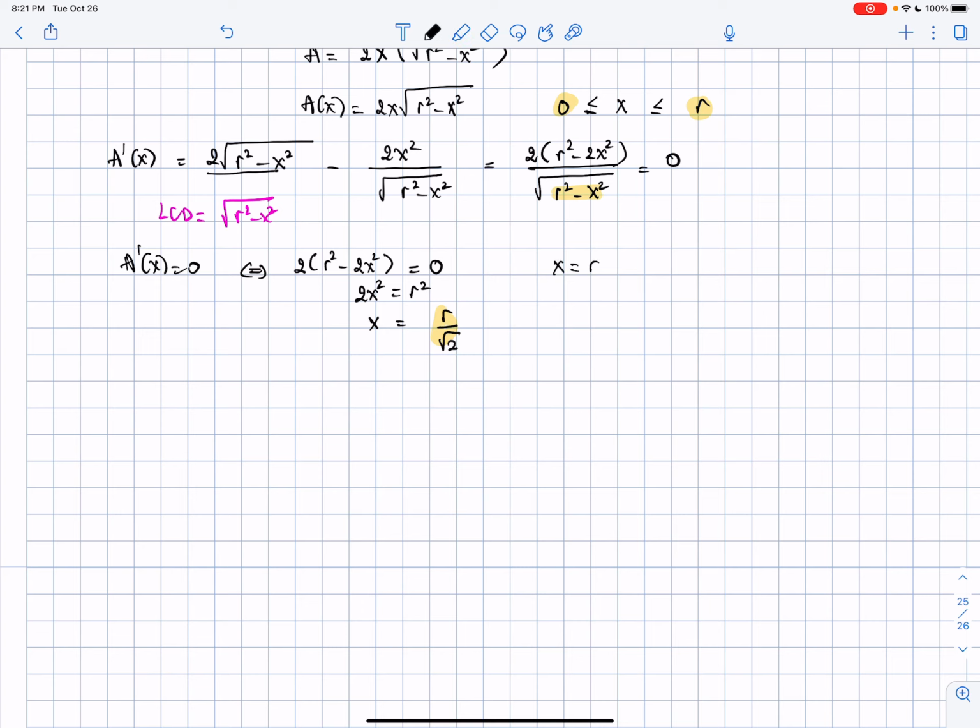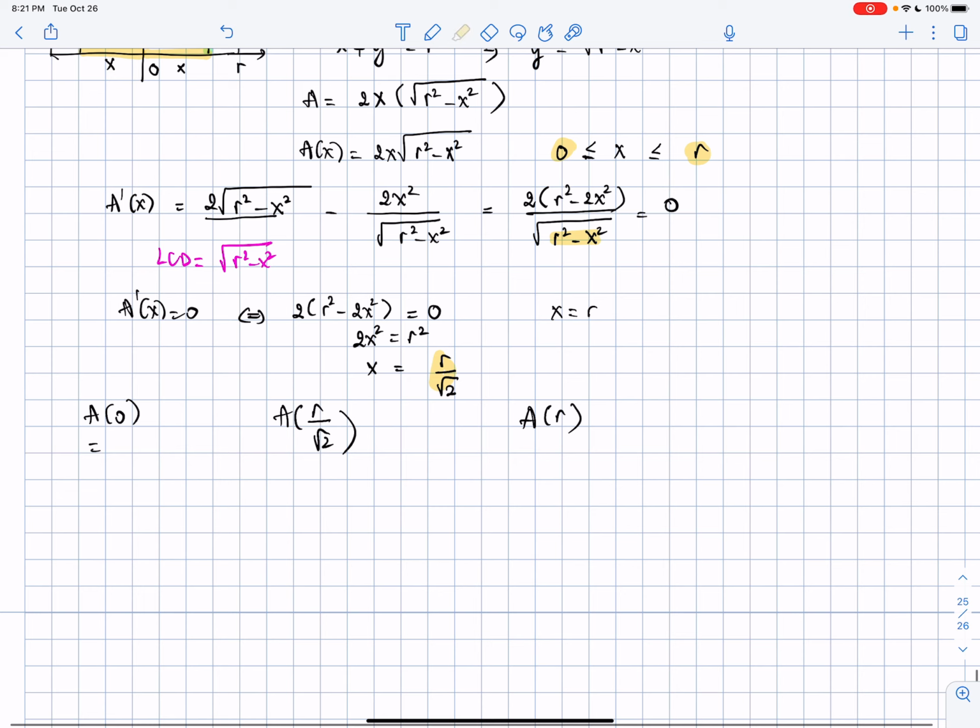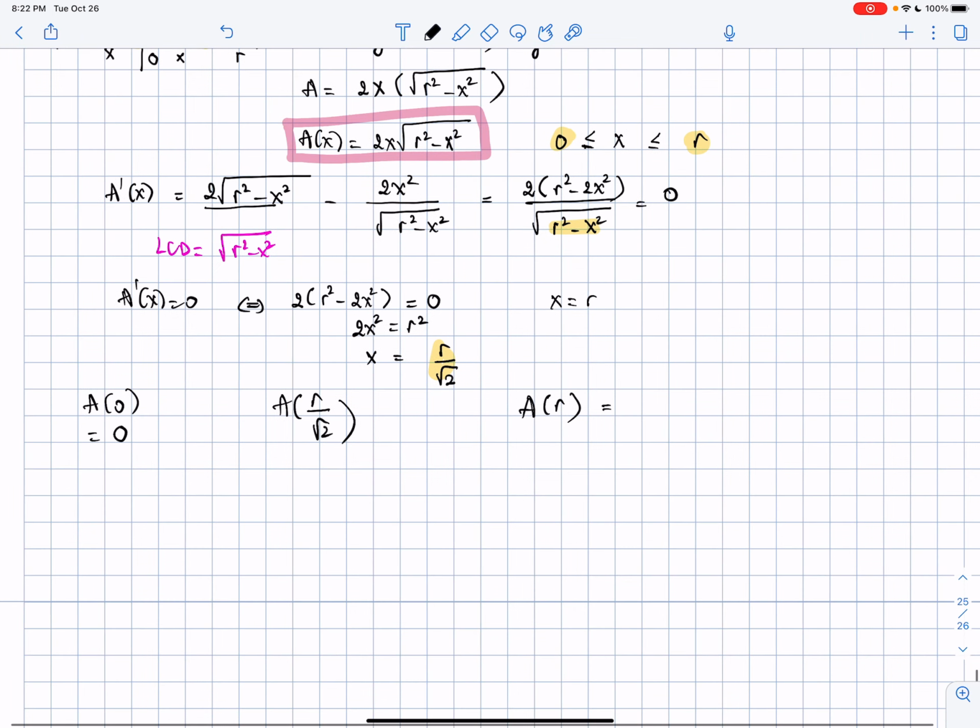So now we plug in 3 values: 0, r over the square root of 2, and r. We plug into the area function A. When we plug in 0, we get 0, and if x equals r, then A is also 0.